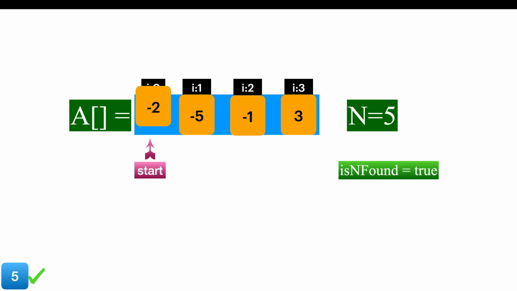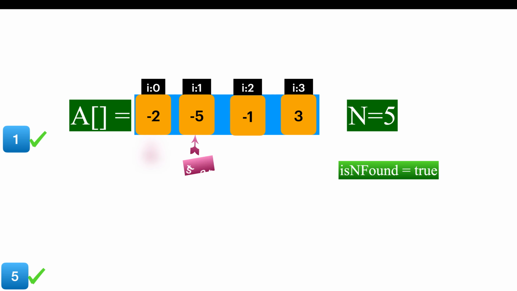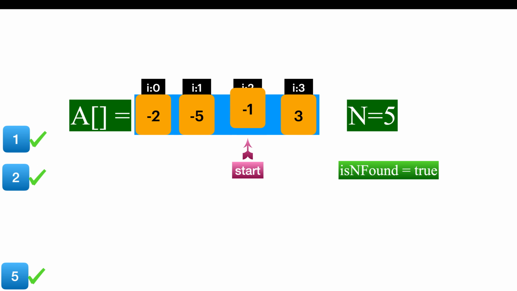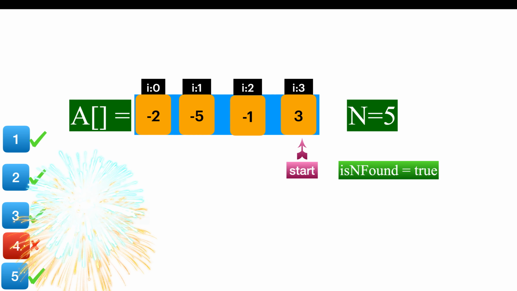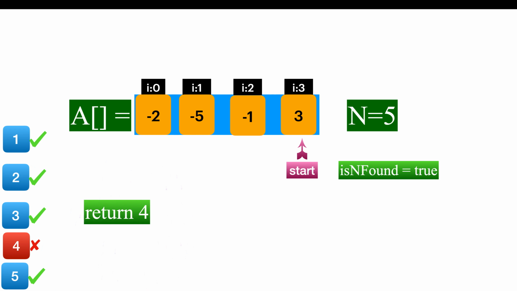At index 0 you have a negative value, it means 1 is present. At index 1 also you have a negative value, so 2 is present. And at index 2 we have a negative value, it means 3 is present. At index 3 we have a positive value, it means 4 is not present, so we can return 4. So the time complexity here is linear.